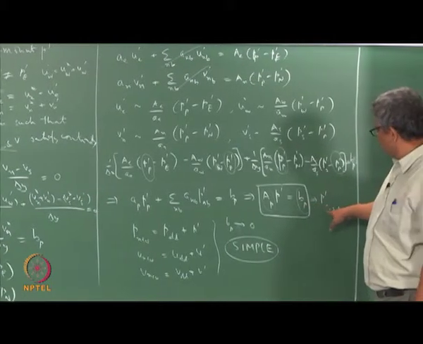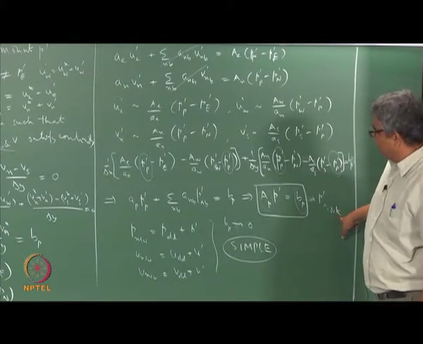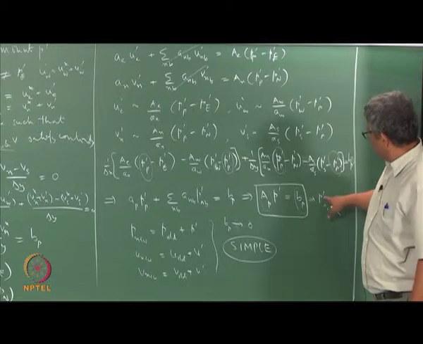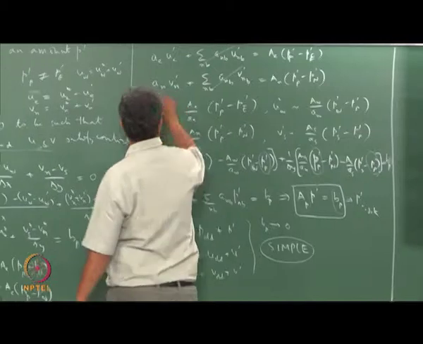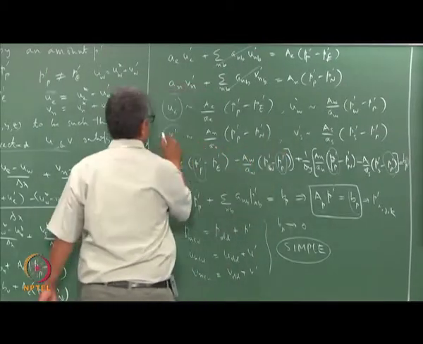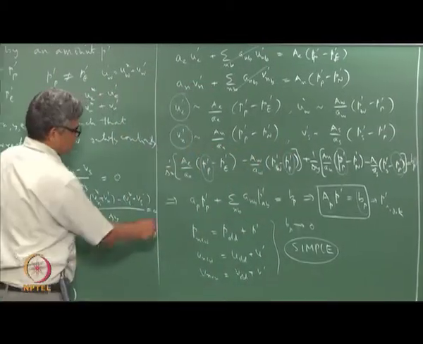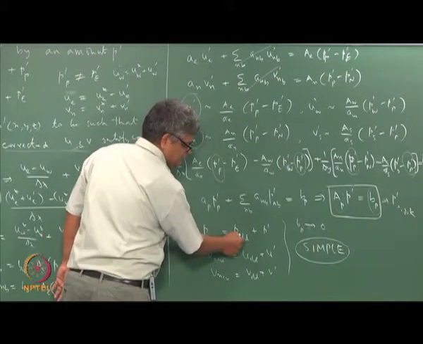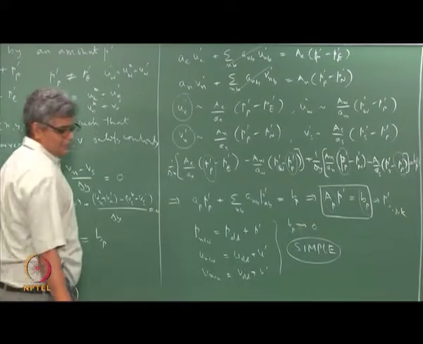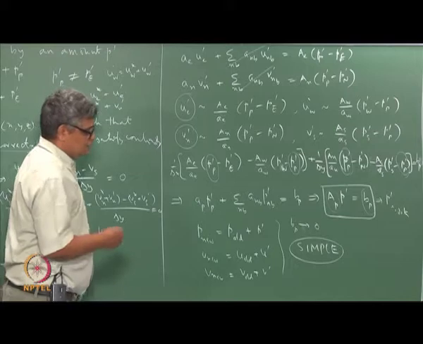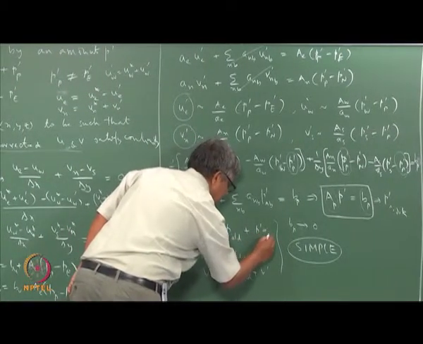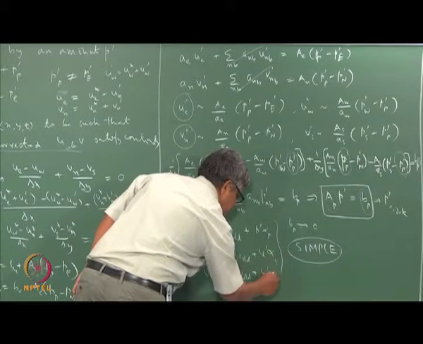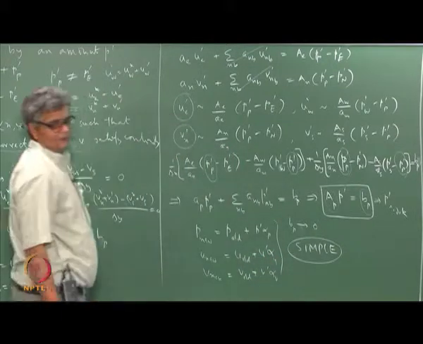So, we solve for P prime here at all ijk's, and using this P prime we evaluate u prime and v prime, and then we update our pressure guess pressure field and guess velocity field using some under relaxation factors. So, we put here alpha p and alpha u and alpha v.